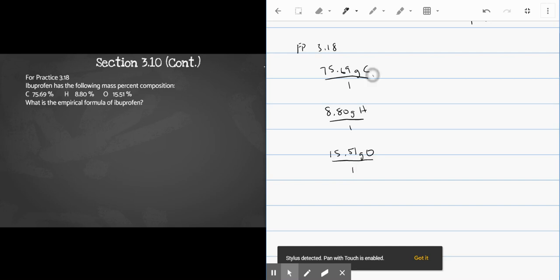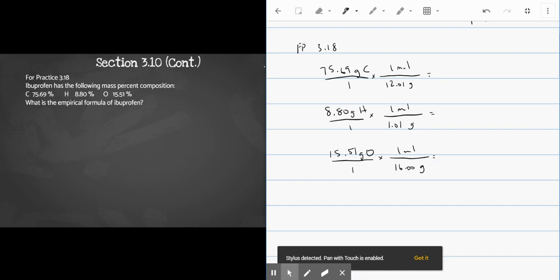So percent to grams, now we're doing grams to moles. We're going to divide them all by the grams, which is the molar mass in 1 mole. Okay, so the molar mass of carbon, 12.01. The molar mass of hydrogen is 1.01. Oxygen is 16.00.